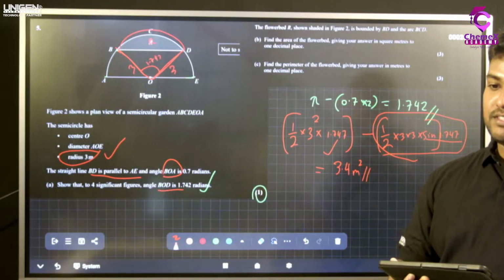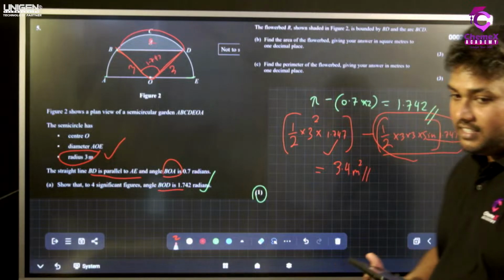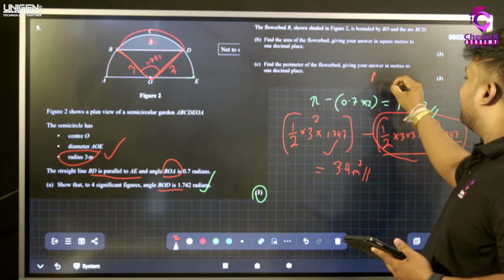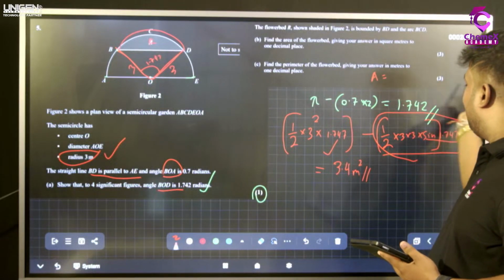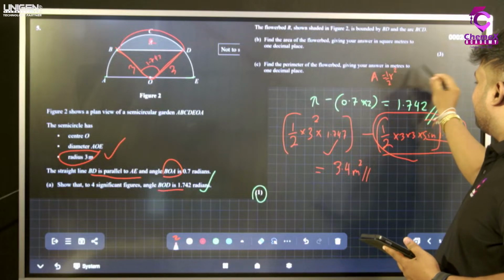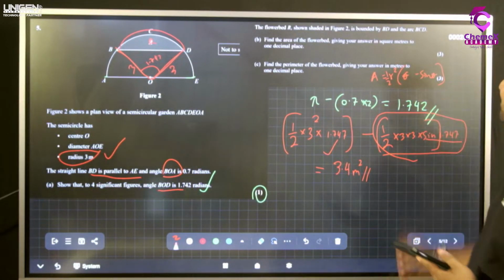Elaine, any doubts? Sir, we can directly use the equation, right? Yeah, the same equation you are trying to say. This equation is the area equals r squared, you take half r squared out, and then what do you have, theta minus sin theta? Yes, sir.